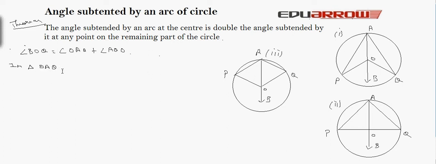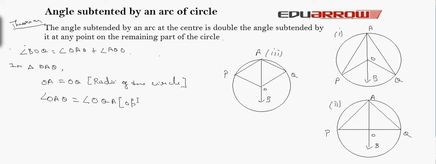Now in triangle OAQ, we have OA is equal to OQ, as radii of the circle are equal. Therefore, angle OAQ is equal to angle OQA, as we know that in an isosceles triangle, opposite angles are equal.